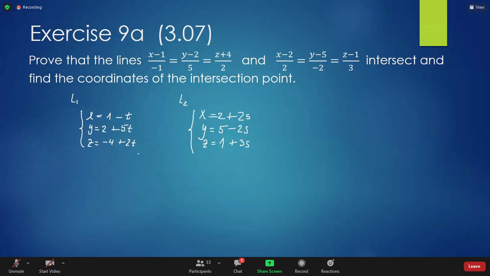So I'm writing 1 minus t should be equal to 2 plus 2s. 2 plus 5t should be equal to 5 minus 2s, and minus 4 plus 2t for z should be the same as 1 plus 3s. Now we need to solve, interestingly, a system of 3 equations, but only 2 variables.